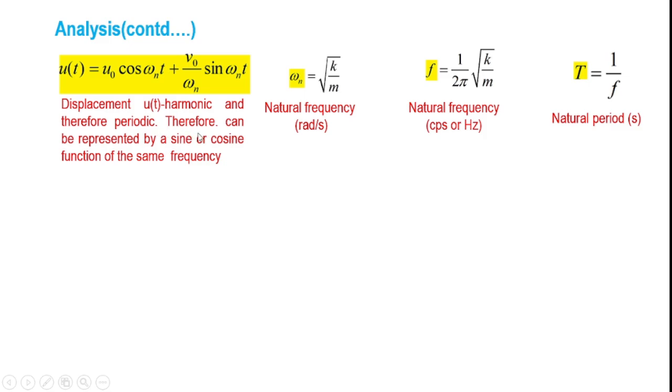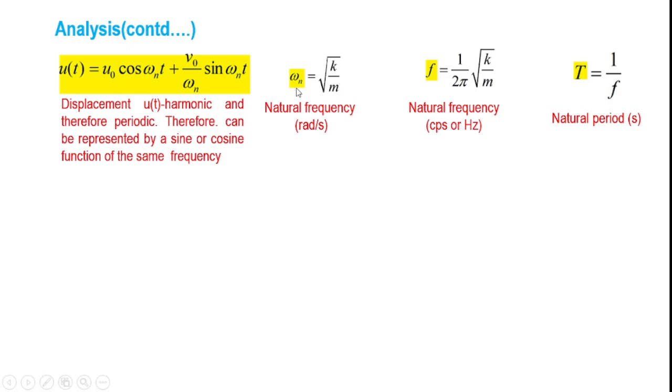It means that u can also be represented by either a sine or a cosine function of the same frequency, which means that omega n represents the frequency of the response function u(t). So what is omega n? Omega n is the natural frequency, square root of k by m. This is what we have defined in the earlier slide: let omega n equal square root of k by m.